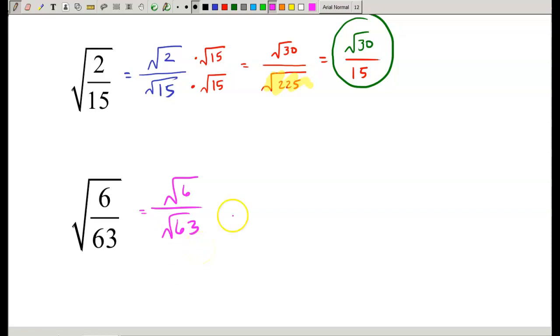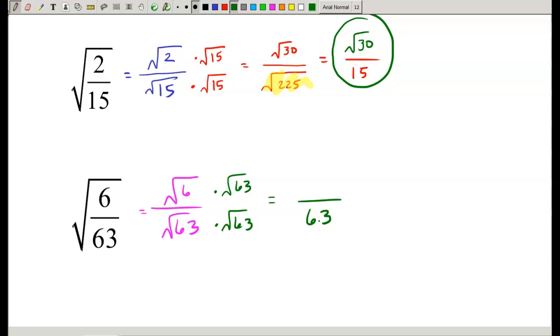And we could do one of two things. The first is to simply go ahead and rationalize this denominator right away, like we did with the top one, by multiplying by root 63 on the bottom and root 63 on the top. You can go ahead and calculate that. I know the bottom will just become 63.